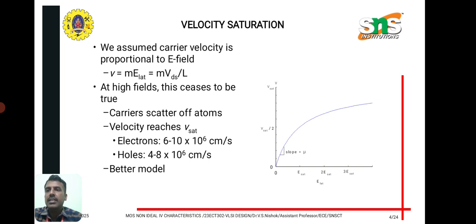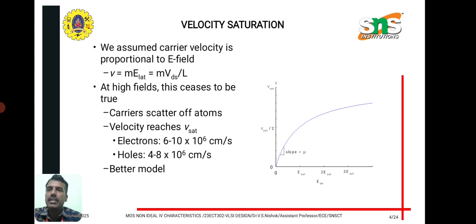So non-ideal represents, practically if we are implementing the MOS transistor, we will be seeing different changes. That is listed here, starting with velocity saturation. Ideally we consider that even when the electrical field increases, the velocity of the particular charge carrier will be increasing linearly.